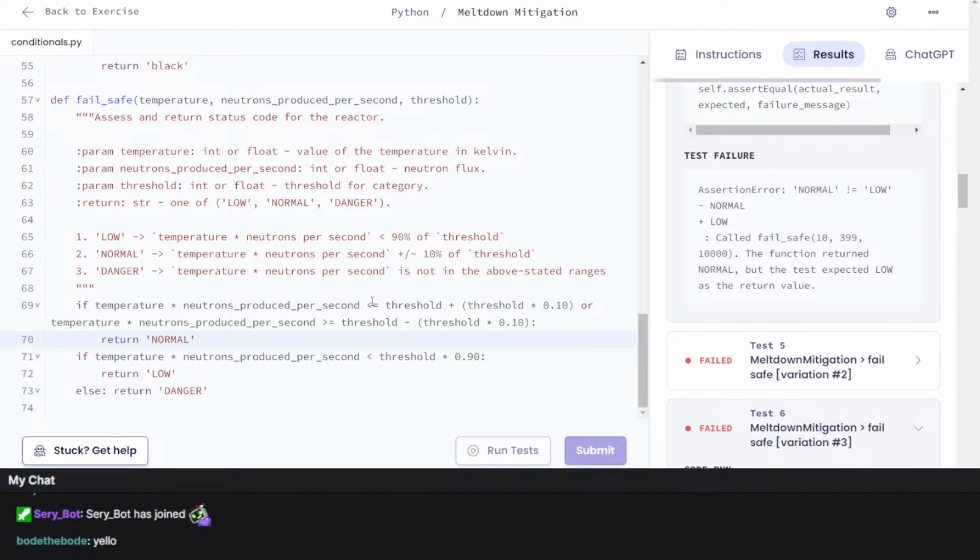Oh, wait. That's a problem. This doesn't make sense, what I just did. Less than or equal to... Does it? The statement's wrong. Probably. How do I fix this? I don't know, something doesn't seem right. 3,999 less than or equal to. No, in this case, it's not. Oh, it's supposed to return low.